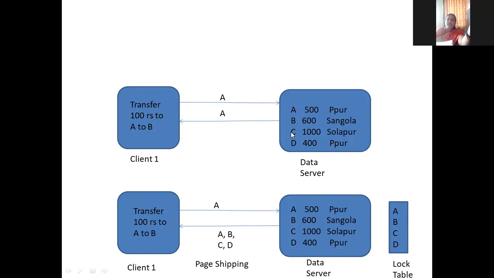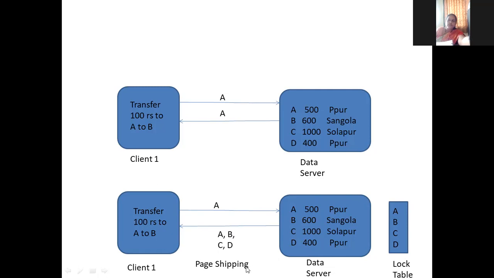But when you send an entire page, meaning A, B, C, D, whatever the records in that page, the client may have requested only A, but the data server sends the entire page A, B, C, D to the client side.